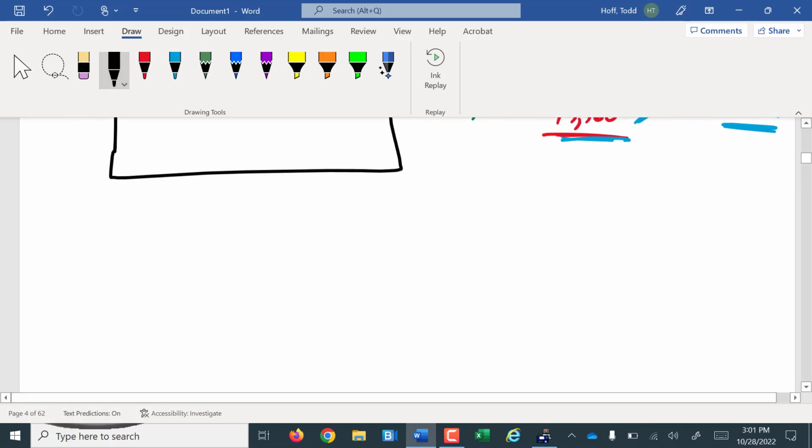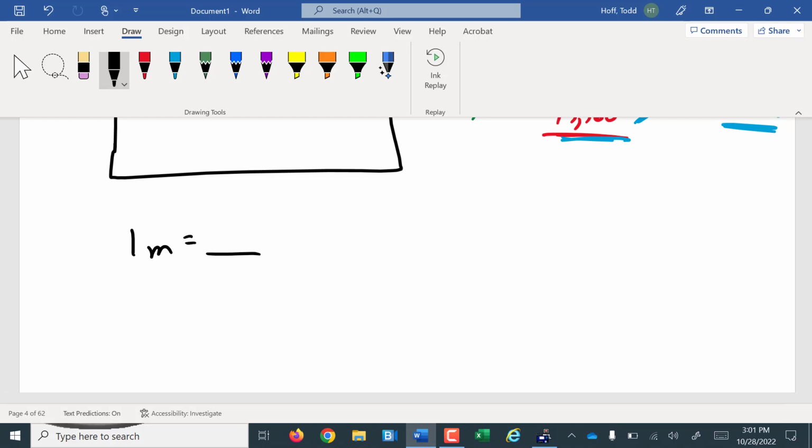If we're in the metric system, 1 meter is how many centimeters again? 100. There you go. To get from meters to centimeters is 2 spots to the right. Your decimal point has to move 2 spots to the right. That's 100 centimeters.